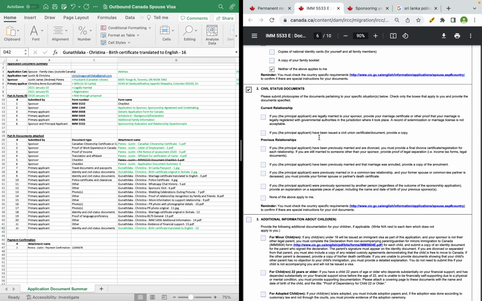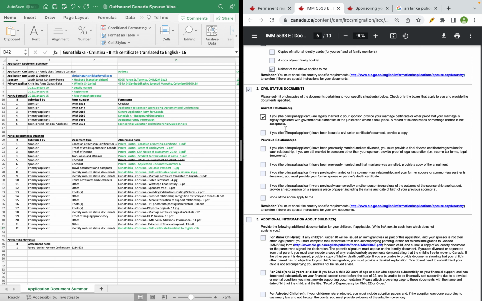If you, the principal applicant, have been issued a civil union certificate document, provide a copy. So definitely none of this was provided, but this definitely was. Okay, this is the marriage certificate that we got when we got registered in front of the marriage registrar.